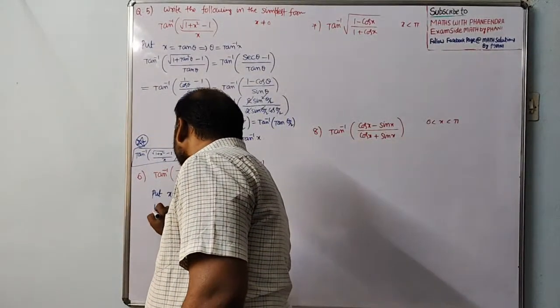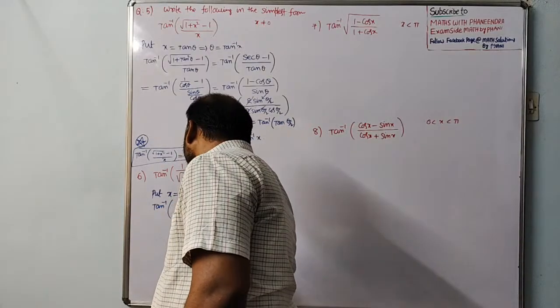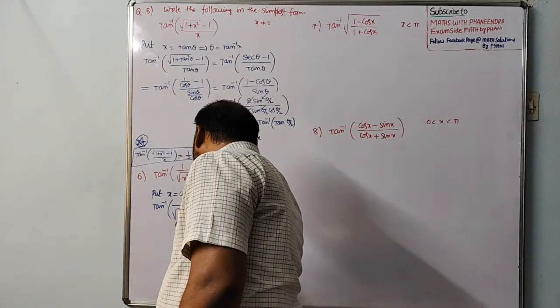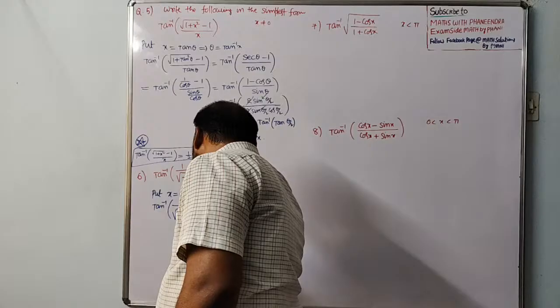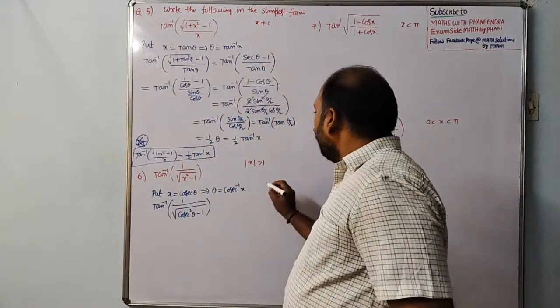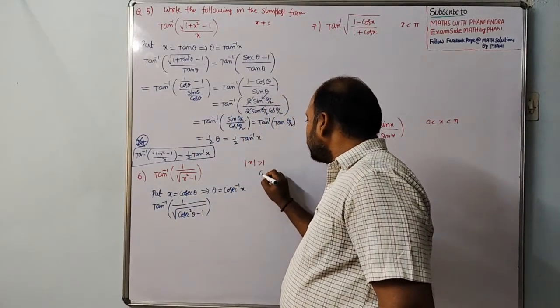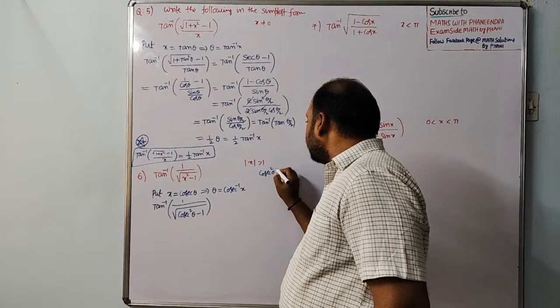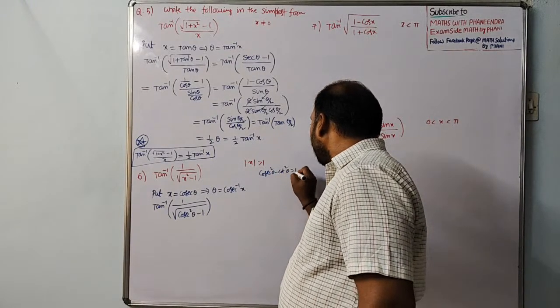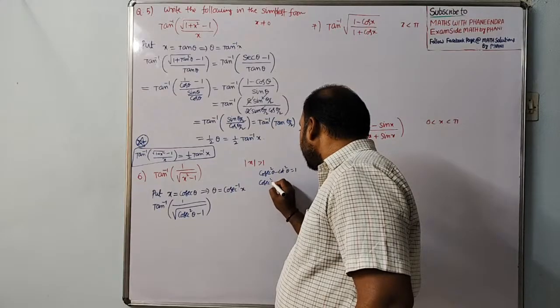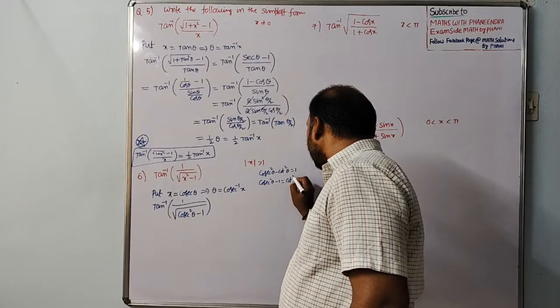So tan inverse of 1 by root of cosecant square theta minus 1. We know the identity cosecant square theta minus cot square theta is equal to 1, no? So cosecant square theta minus 1 is equal to cot square theta.